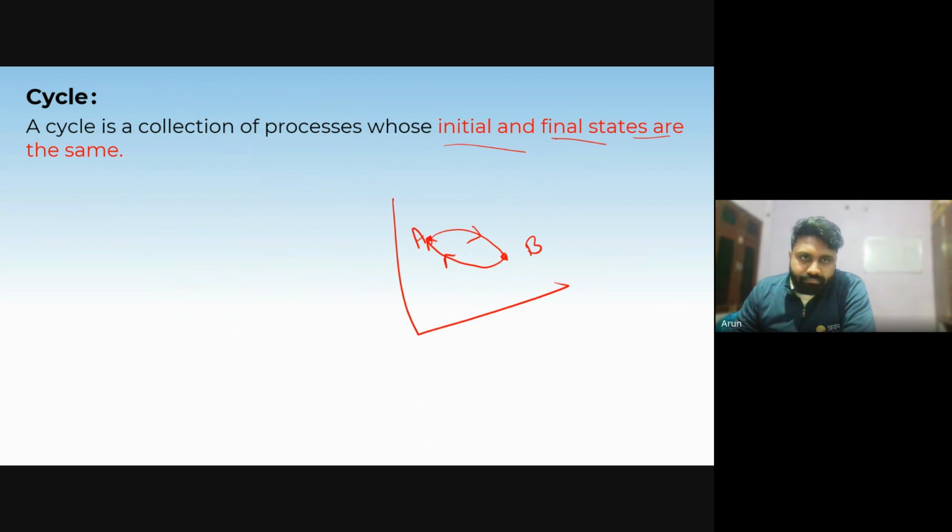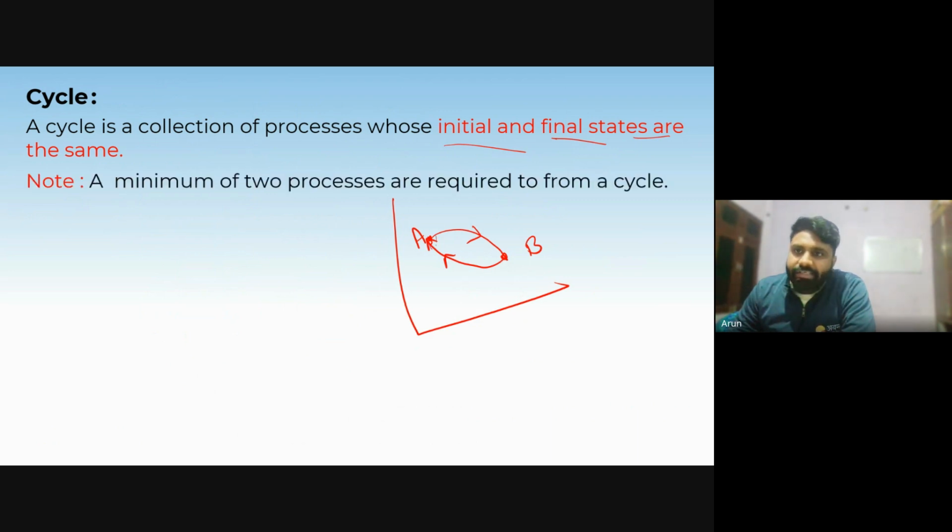Okay, because we started from here and we are again reaching here. So we need at least 2 processes to make a cycle. Okay, a single process cannot be a cycle.